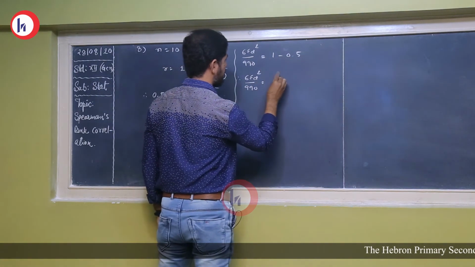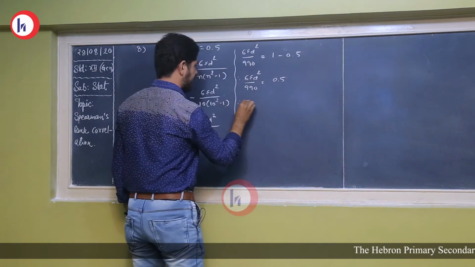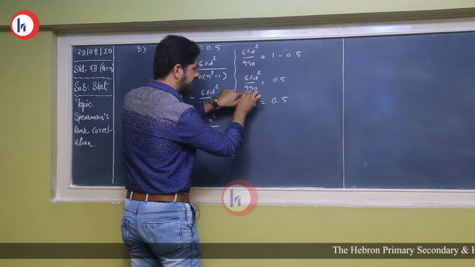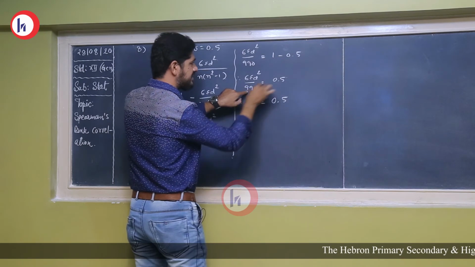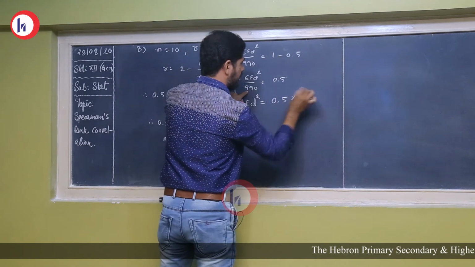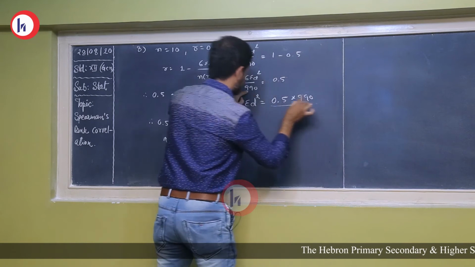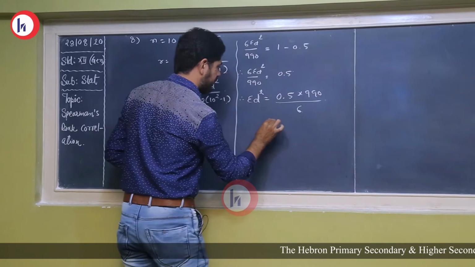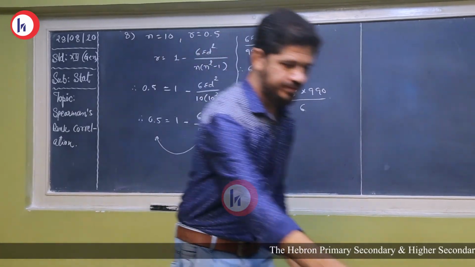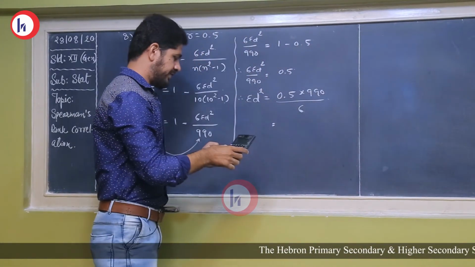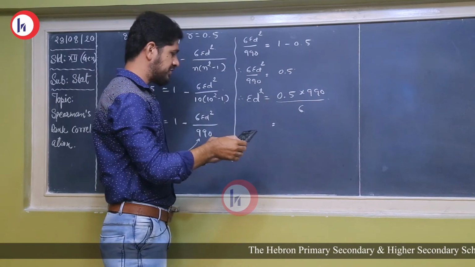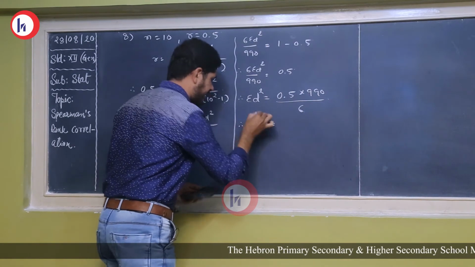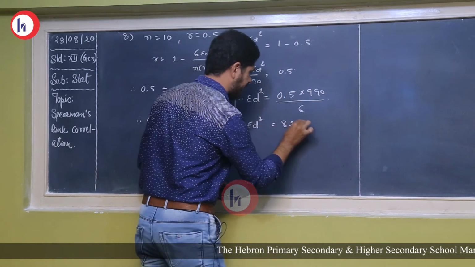So 1 minus 0.5 is 0.5. Change the side of 990, it is in the denominator, so it goes to the numerator. Change the side of 6, it is in the numerator, so it goes to the denominator. So 0.5 into 990 divided by 6, and we get sigma d square equal to 82.5.